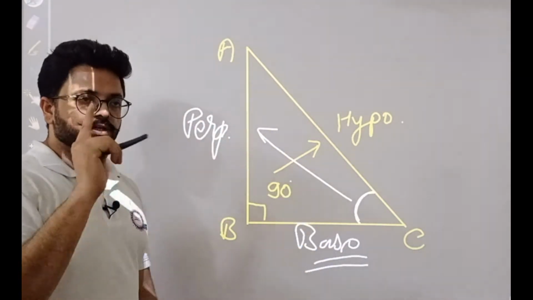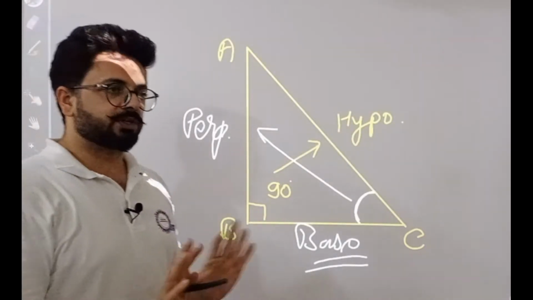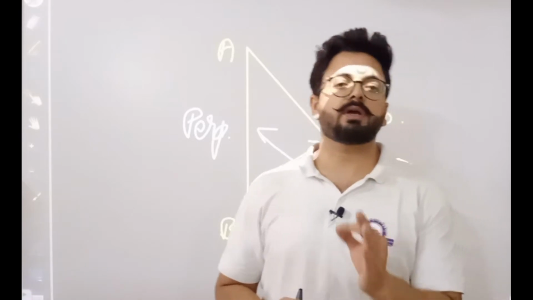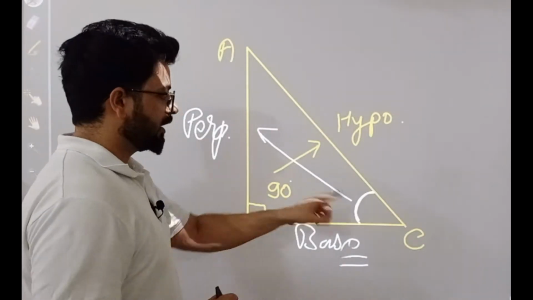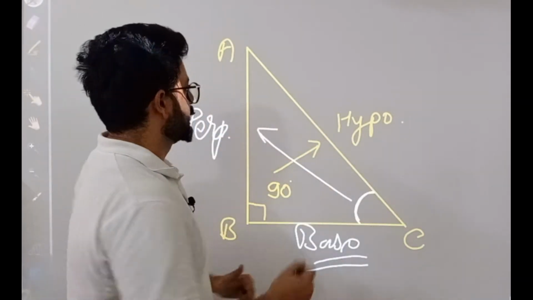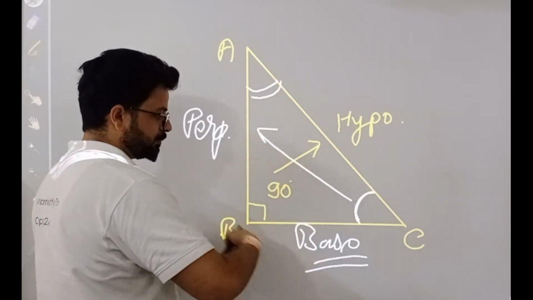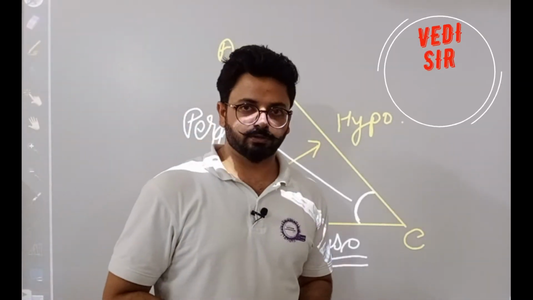It means the first thing in the triangle, hypo will never change. Whichever angle we are taking, hypo will be hypotenuse only. Second thing, base and perpendicular may change according to the angle. If we are talking about this angle C, then BC will be base and AB will be perpendicular.